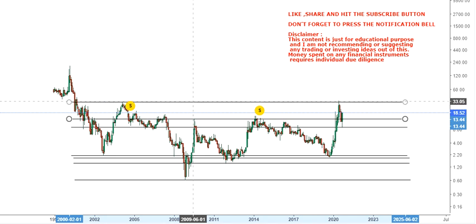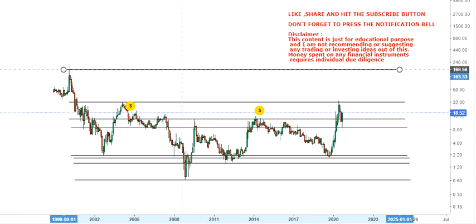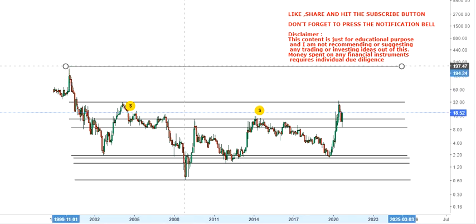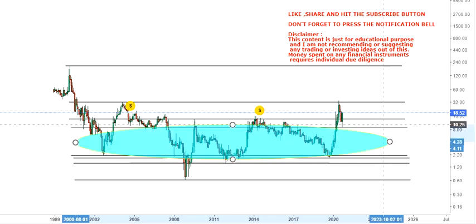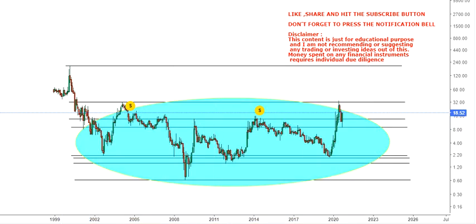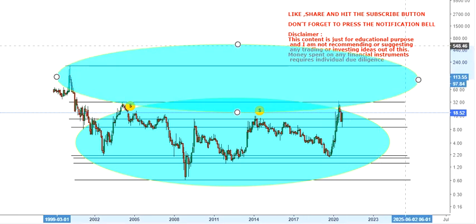Now I'm going to talk about the overall and the big trend. So the support and resistance will follow the same. Now understand this. I will segregate this trend into two parts. So this is our first part, and this area is the second part.